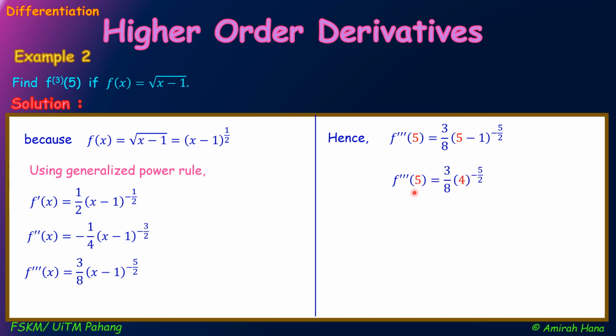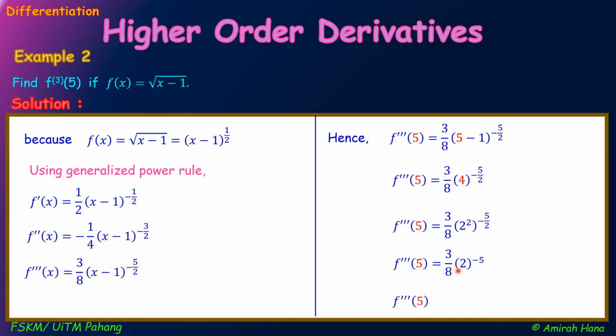So f triple prime 5 equals 3 over 8 times 4 to the power of negative 5 over 2, where 5 minus 1 is 4. From 4 we can write 2 squared. Under the properties of indices, if we have a power and then a bracket power, we multiply the exponents. So we have 2 to the power of negative 5, because we simplify the 2 from here and the 2 from the denominator of the power.